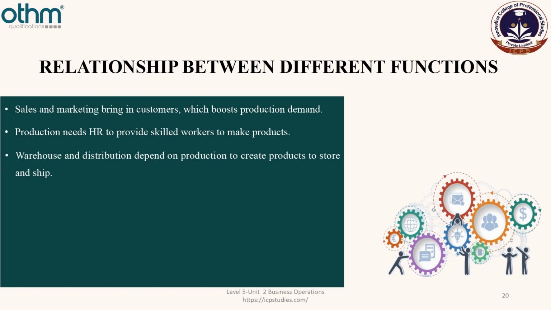If the production department is not making the product, then what is the purpose of warehouse and distribution? The warehouse obviously stores the product, and the distribution department obviously distributes the product that is designed by the production department. If the production department is not working, then there is no role for warehouse and distribution.